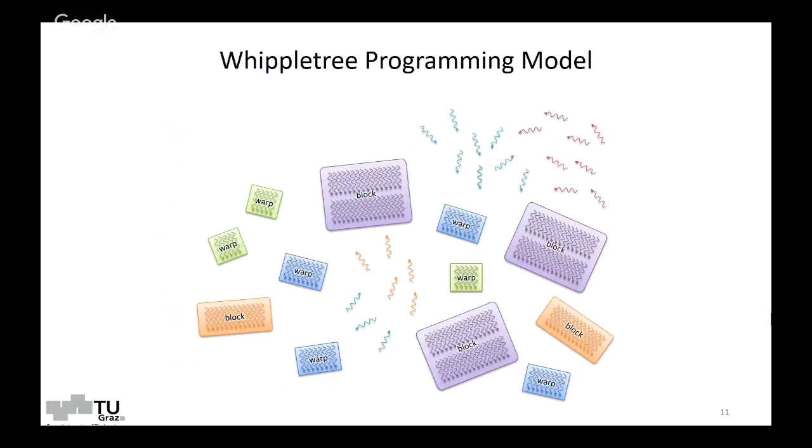And that's the idea of the Whippletree programming model. And then the question is, how can we do this? How can we come up with such a programming model and execute it efficiently? This is something I will explain quickly so that you have an idea how that can work, and later on we'll develop something on top of that.